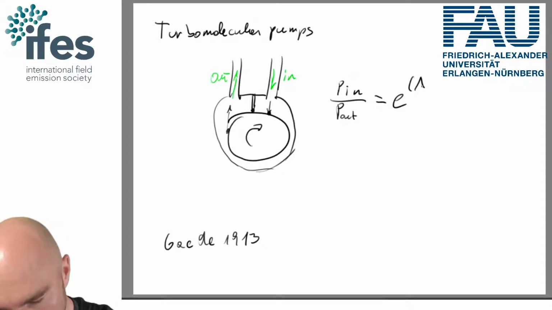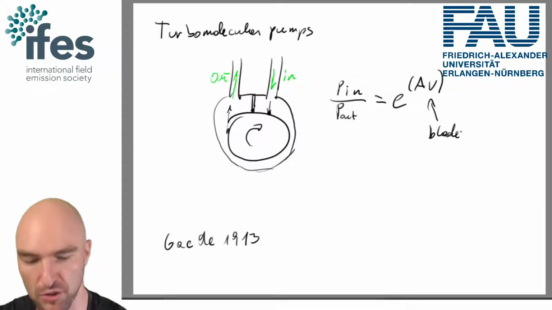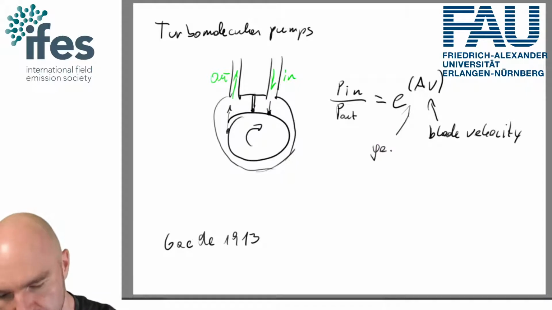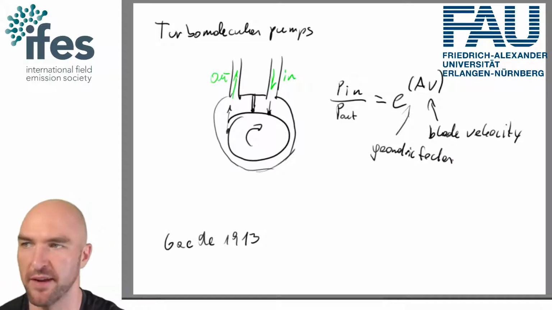e to the power of AV, and V is the blade velocity, or the adsorption piece, whatever you want to call it, velocity. And A is a geometric factor, okay?